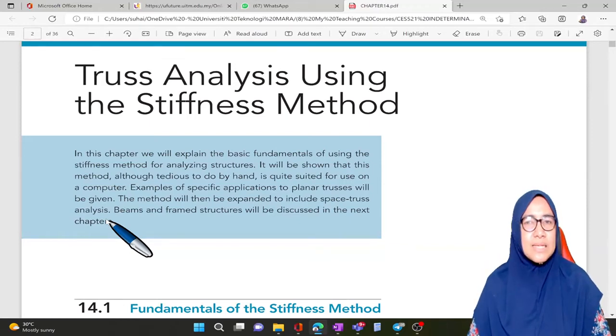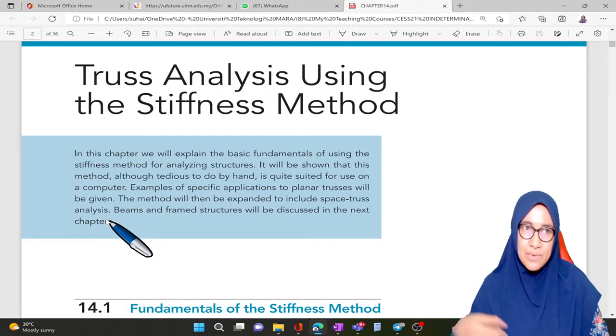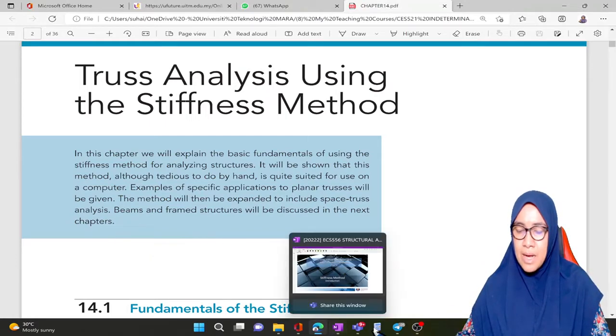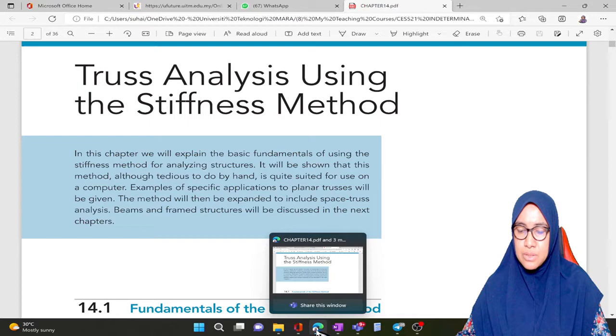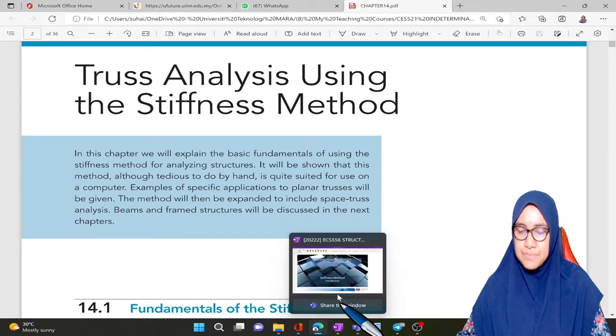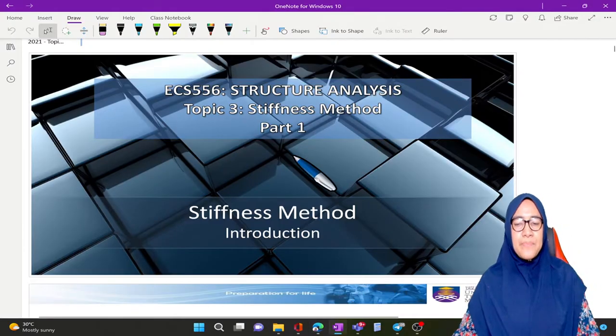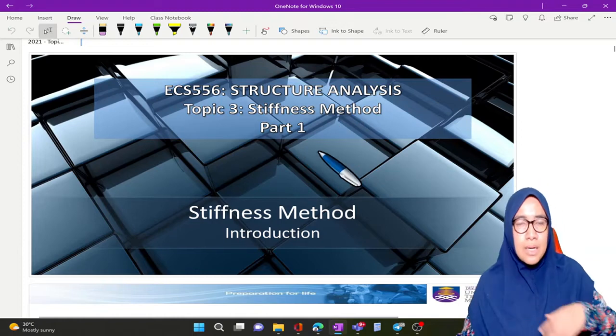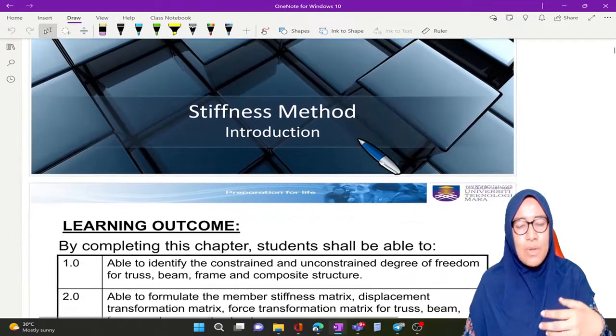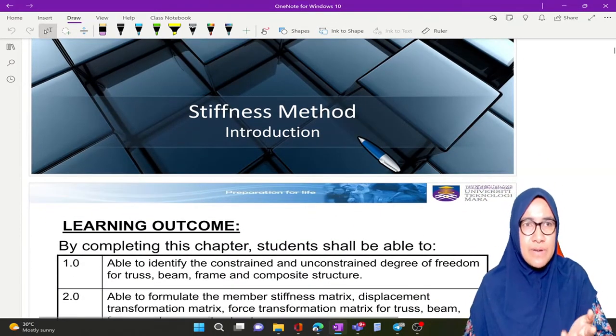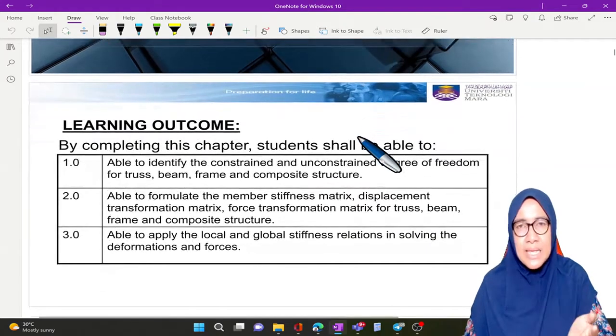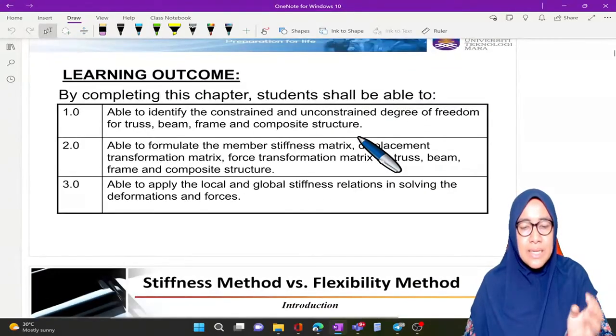So, truss analysis, stiffness method. We start with the stiffness method, and I refer to the notes first. In this note, I want to introduce what the stiffness method actually is. Let's see the learning outcome first.